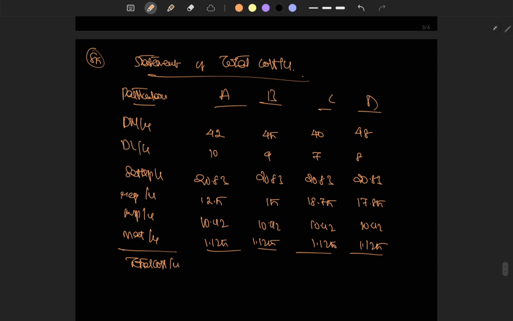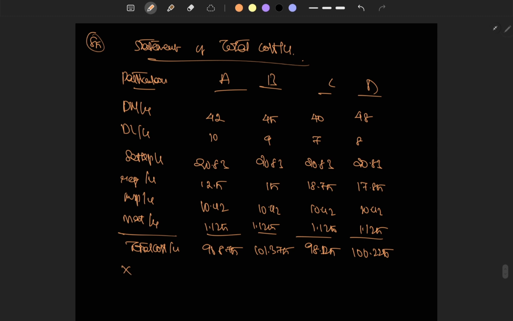Right. So 42 plus 10 plus 20.83 plus 12.5 plus 10.42 plus 1.125 gives us 96.875. 45 plus 9 plus 20.83 plus 15 plus 10.42 plus 1.125 gives us 101.375. 40 plus 7 plus 20.83 plus 18.75 plus 10.42 plus 1.125 gives us 98.125. 48 plus 8 plus 20.83 plus 17.85 plus 10.42 plus 1.125 gives us 106.225.